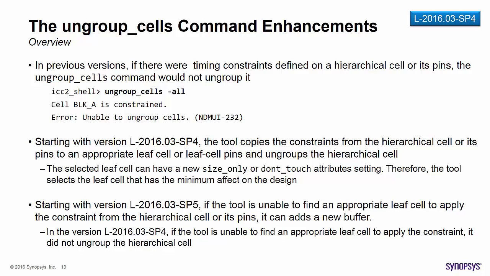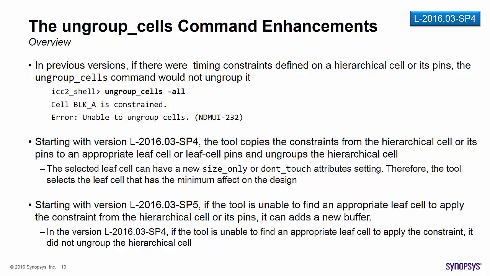From 1603 FP4, ICCII copies the constraints from the hierarchical cell or its pins to an appropriate leaf cell or leaf cell pins and ungroups the hierarchical cell. The selected leaf cell can have a size only or don't touch attribute setting. Therefore, the tool selects the leaf cell that has the minimal effect in the design.